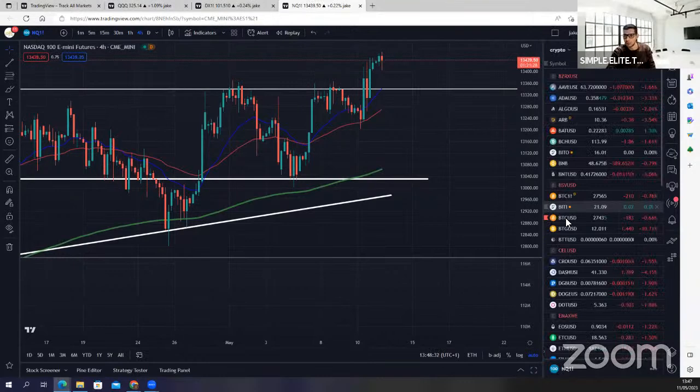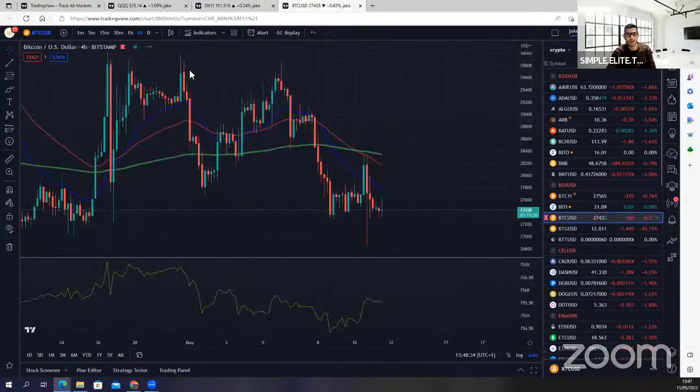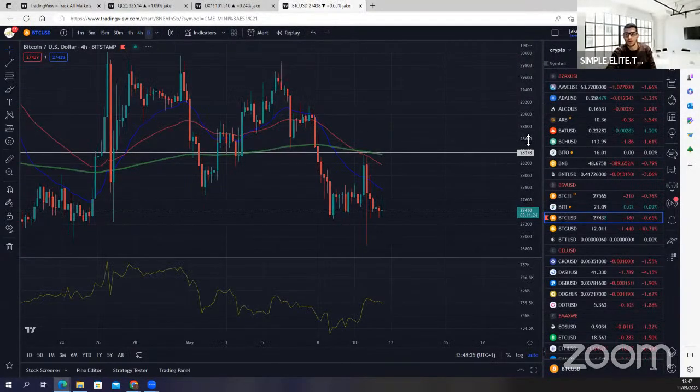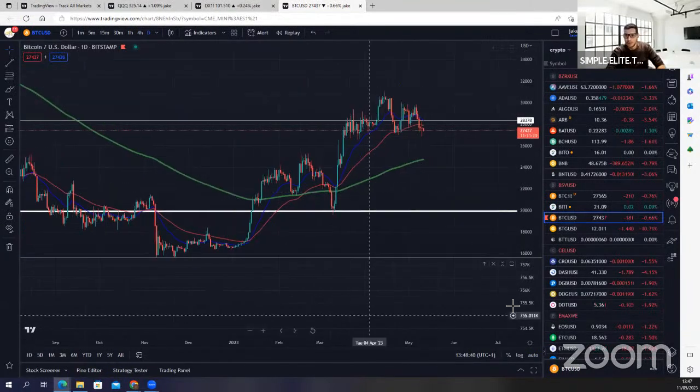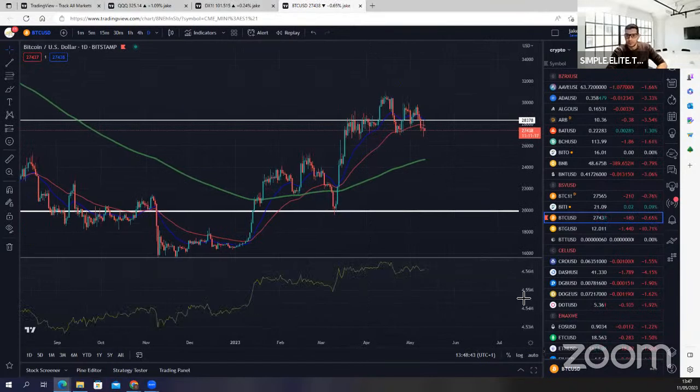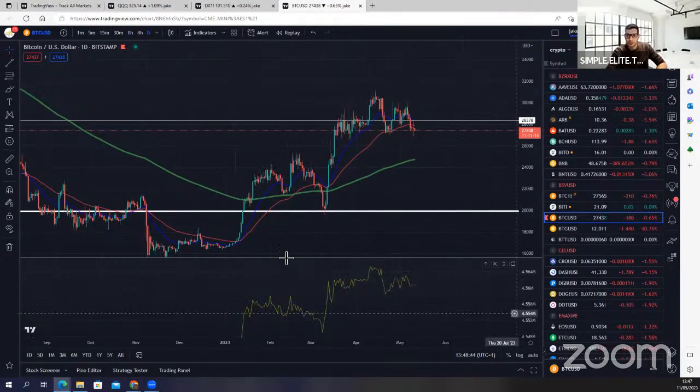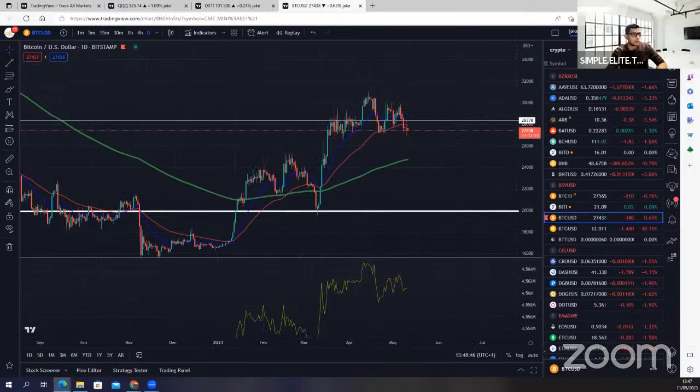Cryptocurrency, let's touch Bitcoin. Bitcoin now is below 28. And the headline is not as bullish as before, because now we can see, let me zoom in.